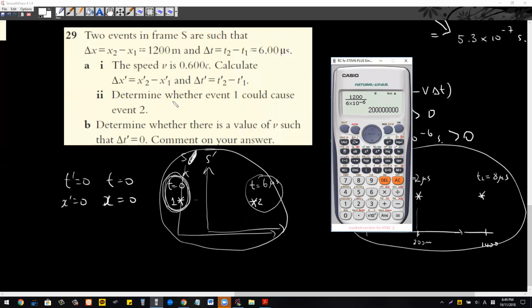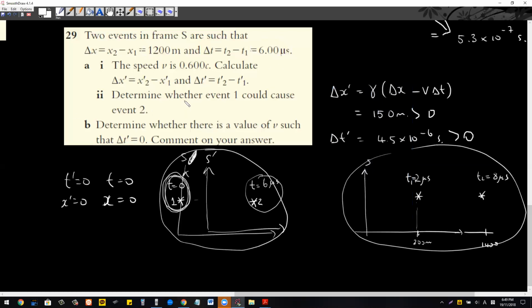So therefore we say that event 1 could cause event 2, because the speed needed to cover the gap between event 1 and event 2 is less than the speed of light. So the answer is, it is less than, so it's possible. We just write yes, it is possible.